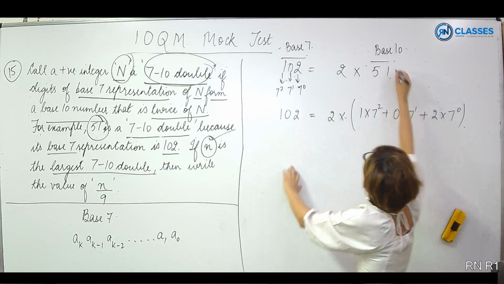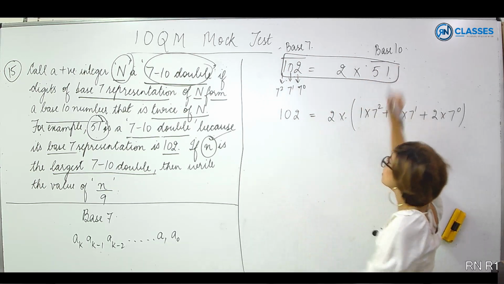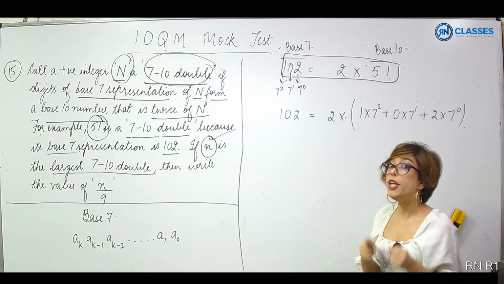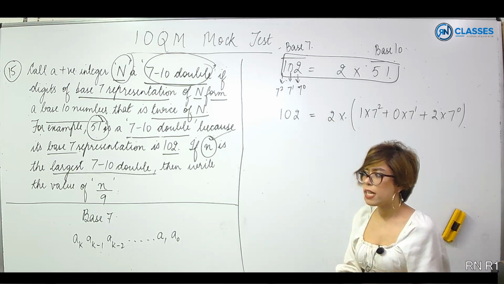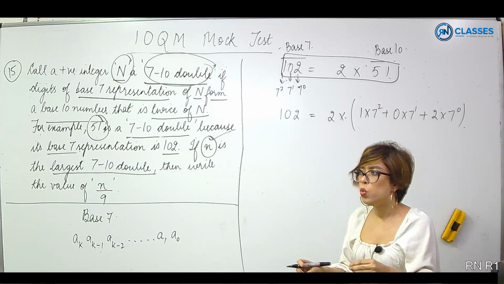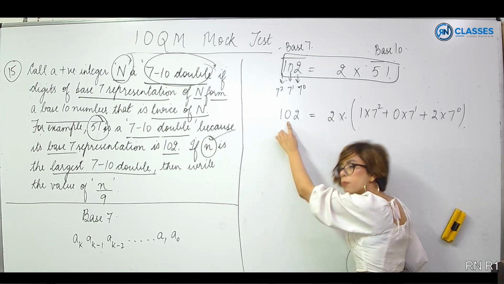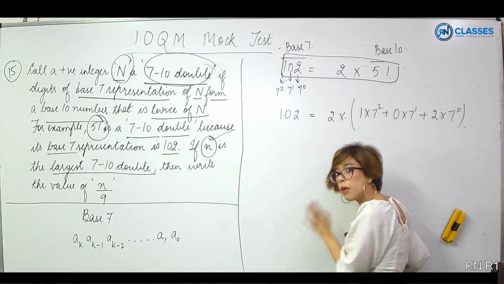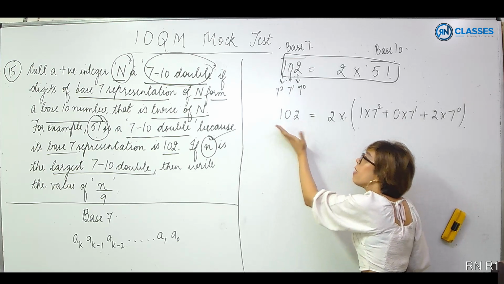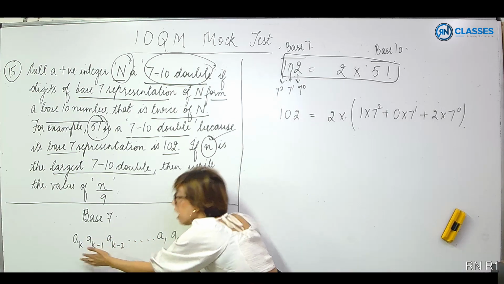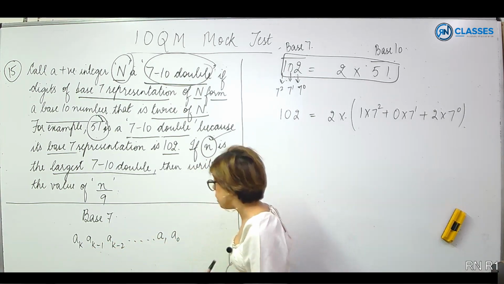Now, if I need to utilize this, how will I proceed? Mind it, this is 102 as it is. When I say 102, that means I am saying 1 into 100 plus 0 into 10 plus 2 into 1. If I need to read this number, I will say it like this, with place values.